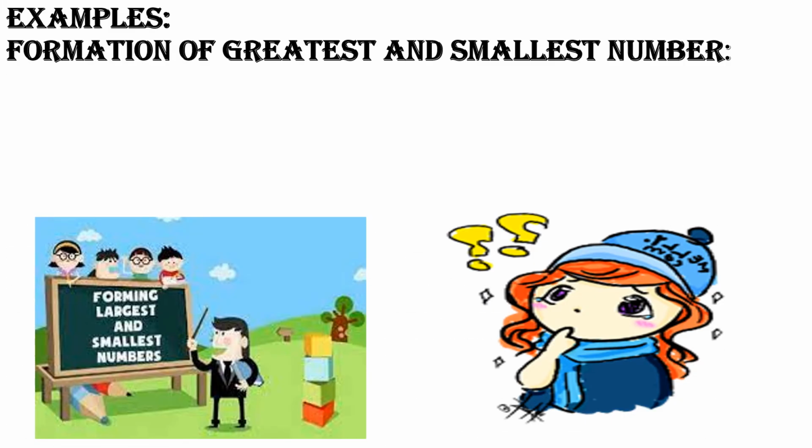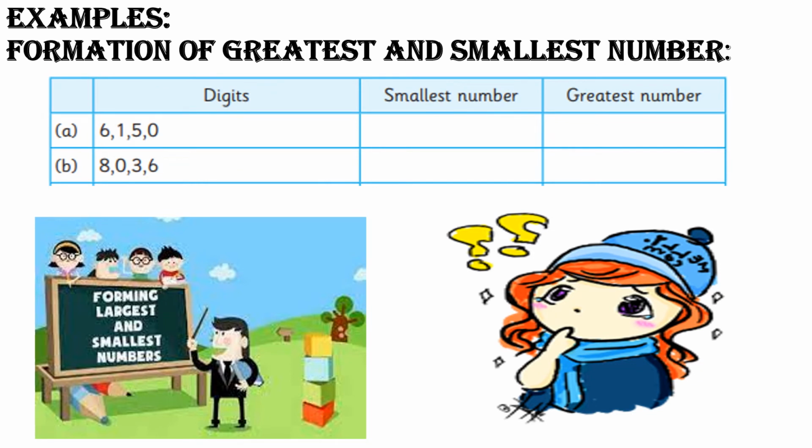Let's take few examples for forming the greatest and the smallest number. So the first example here, we have four digits 6, 1, 5, 0 and we are supposed to first form a smallest number. So let's start with the smallest digit first.